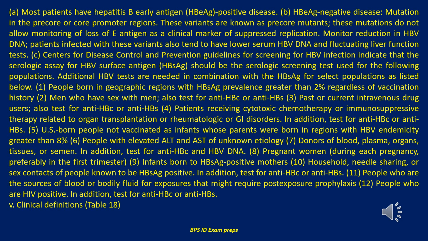Household, needle sharing, or sex contacts of people known to be HBsAg-positive. In addition, test for anti-HBc or anti-HBs. 11. People who are the sources of blood or bodily fluid for exposures that might require post-exposure prophylaxis. 12. People who are HIV positive. In addition, test for anti-HBc or anti-HBs.